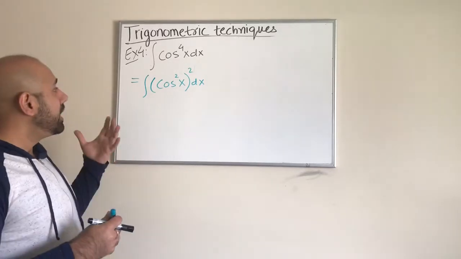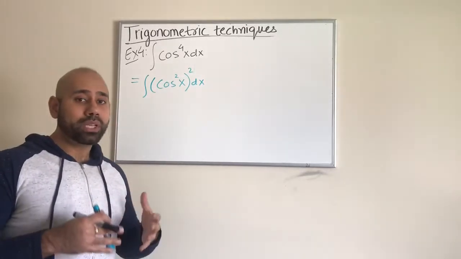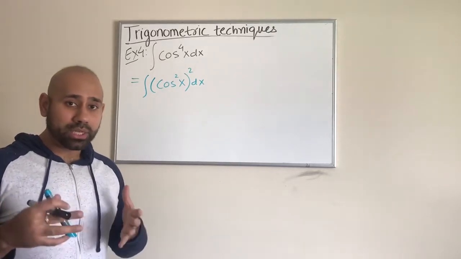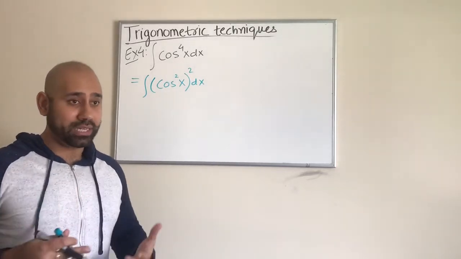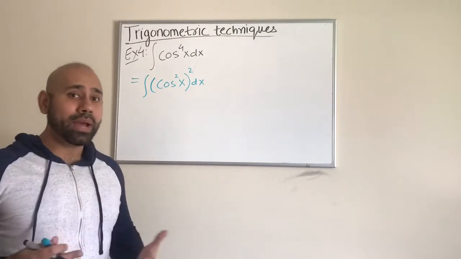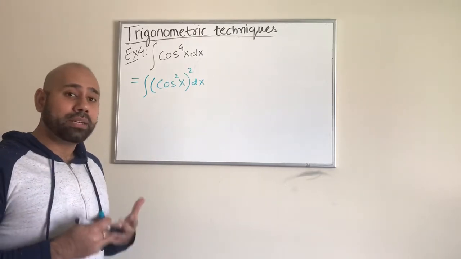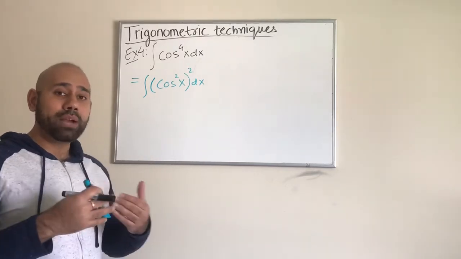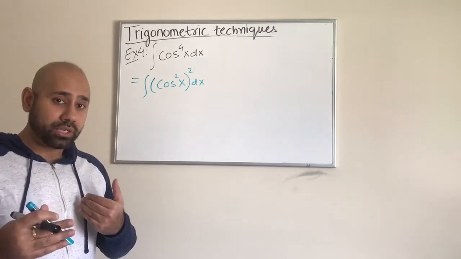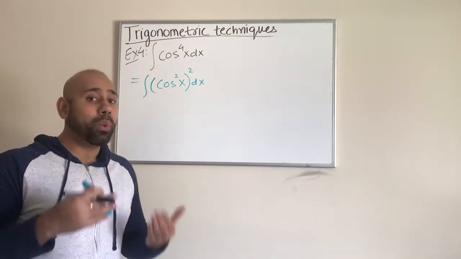If we can bring them into power 1, then we can use some direct formulas or shortcut methods to evaluate the integral. But we cannot just directly evaluate this integral, or any integral where we have a trig function or a product of trig functions and the powers are more than 1.